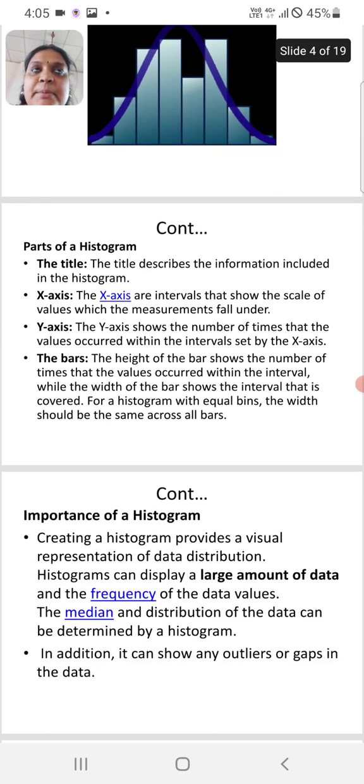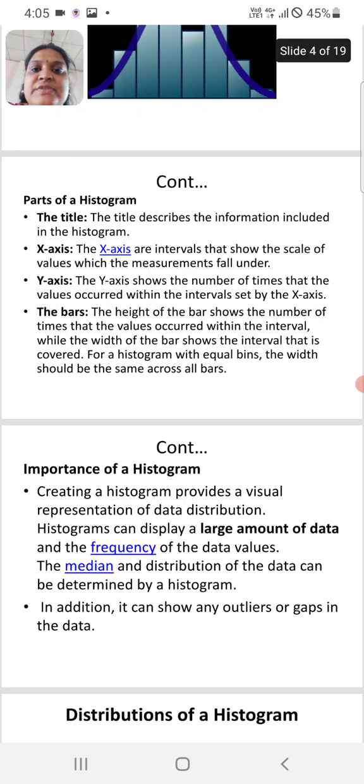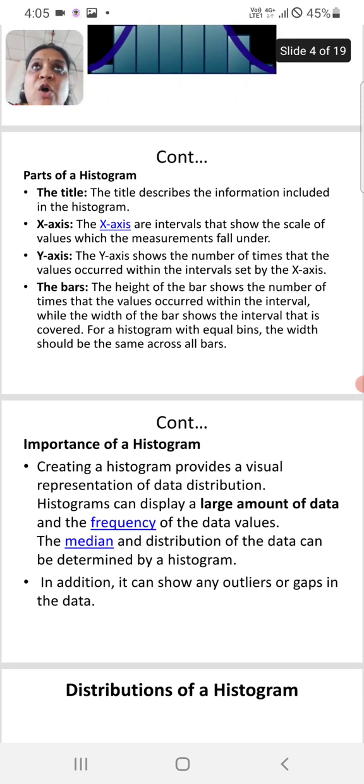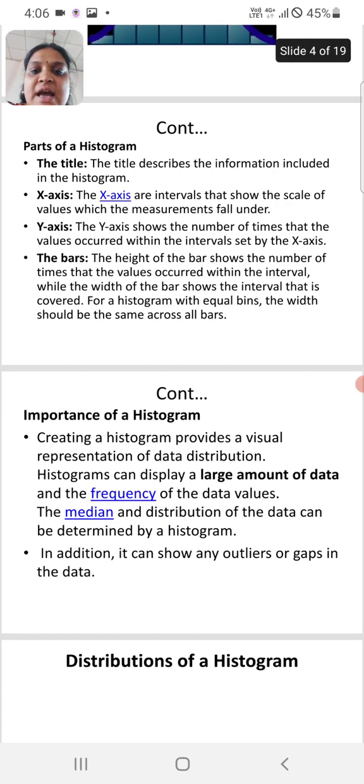Next comes the parts of a histogram. We have the title, the x-axis, the y-axis, and the bars. We know this already: the title describes what information we have in that particular graph, the x-axis represents the intervals, which show the scale of values, that is the measurements, and the y-axis shows how many times the value has occurred, and the bar represents the values occurring within the particular interval.